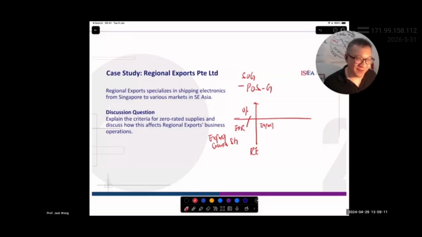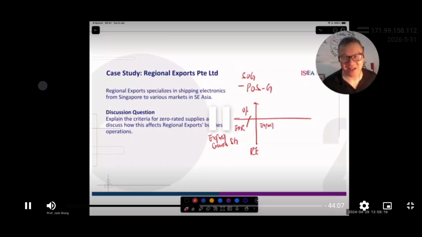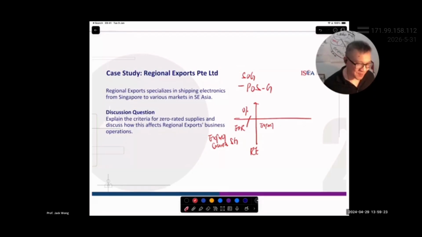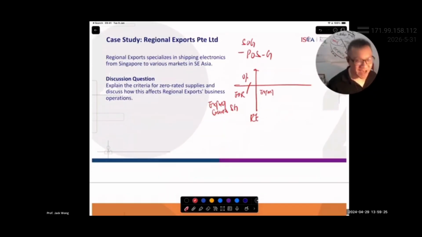The problem of why so many companies have this issue where they cannot keep track or maintain the complete set of export documents required by IRAS is because you are mainly dealing with a finance professional in the company. I've explained a lot of this to my learners before.